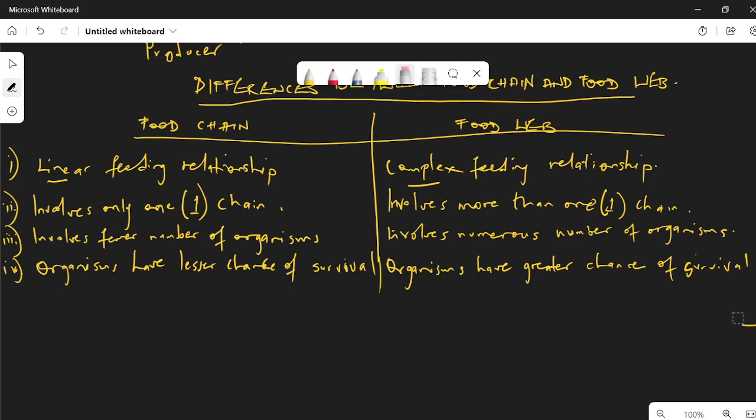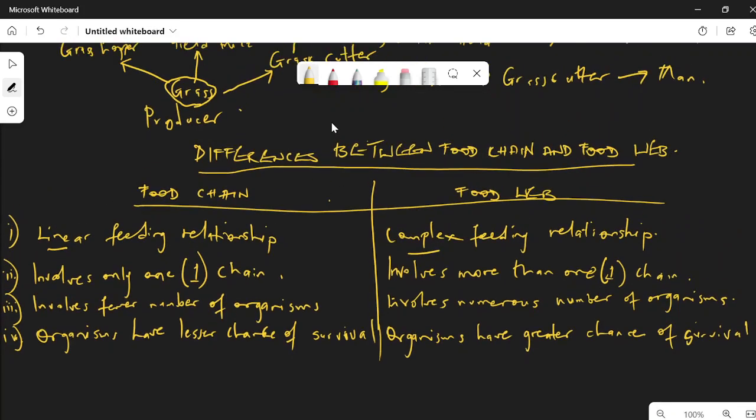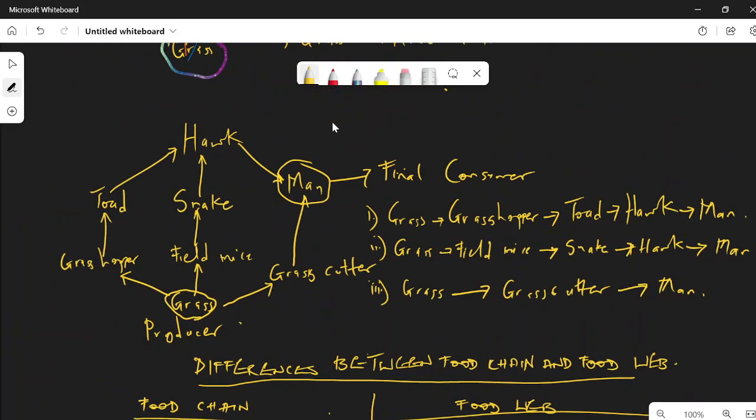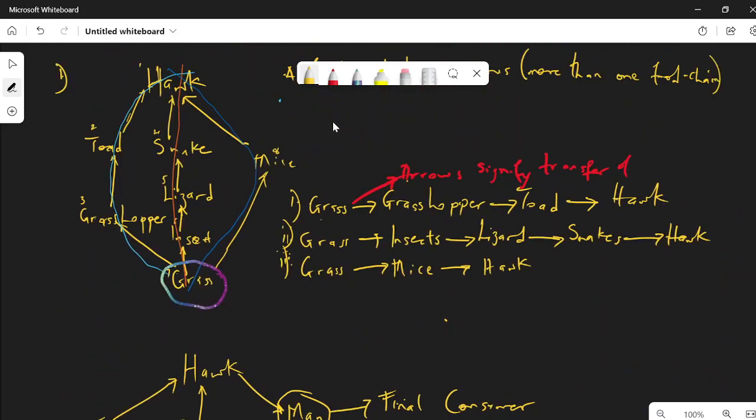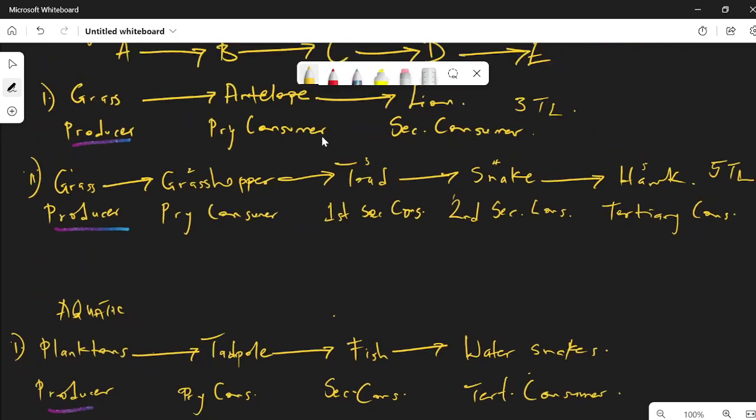So let us quickly see what we mean by that. Let us go to the food chain and look at what the example there is talking about. This is where we have food chain.